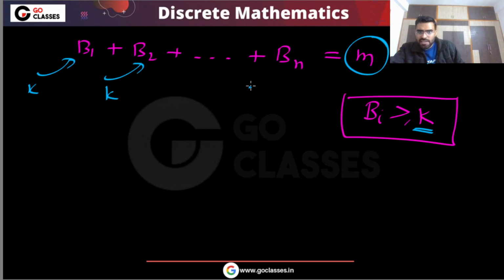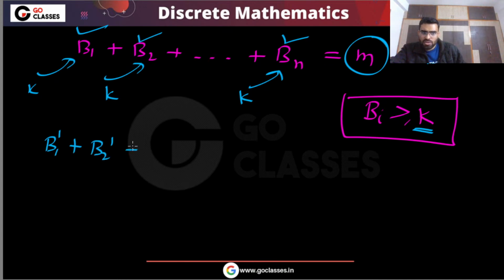All the objects are identical, so you can directly give k balls to each box. So finally this is what I have. This should be equal to m, and how many have I given? I have given nk. So finally I have this equation.